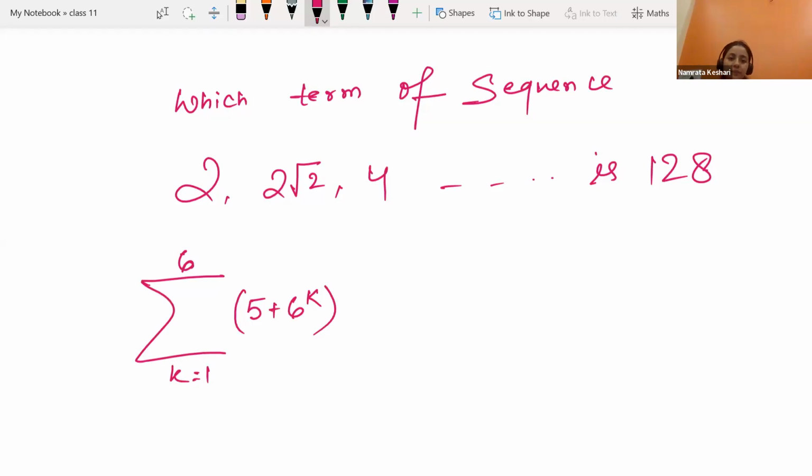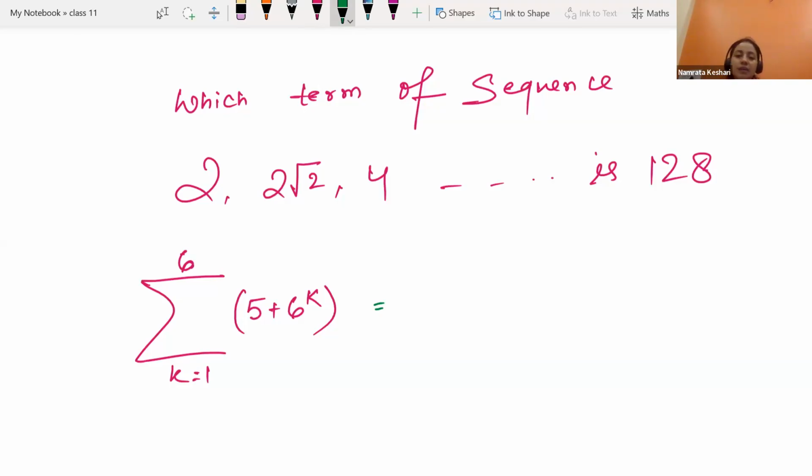Can you explain this step? Yeah. So whenever we are having this symbol, we understand this means summation. Okay, we are having summation of all 5 plus 6 to the power k, where k starts from 1 and ends at 6.